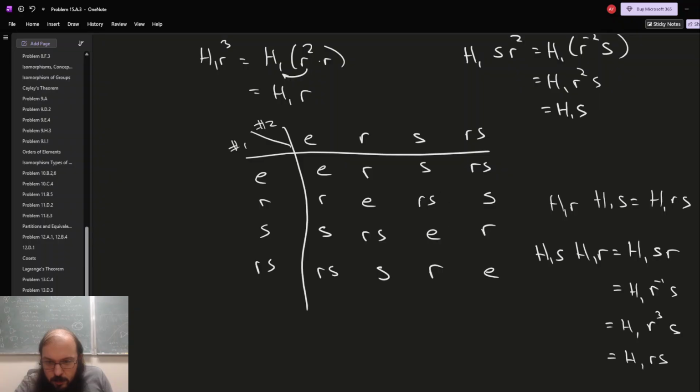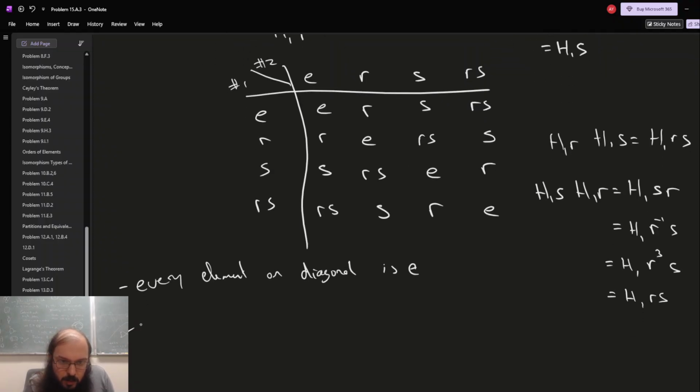The question becomes, which group is this? Let's just have a little bit of an inspection of this table. What I'm noticing is every element on the diagonal is E. And so every element, let me write that down, on the diagonal is E. In particular, every element has order 2.